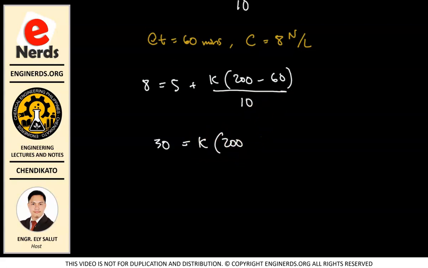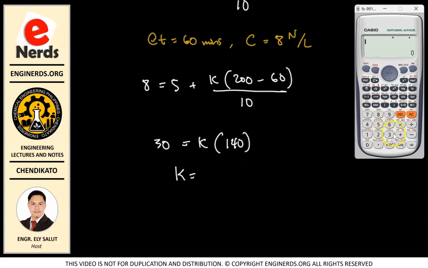So let us subtract that. 200 minus 60 is equal to 140. Therefore our K is equal to 30 divided by 140, no? So we have 0.214.